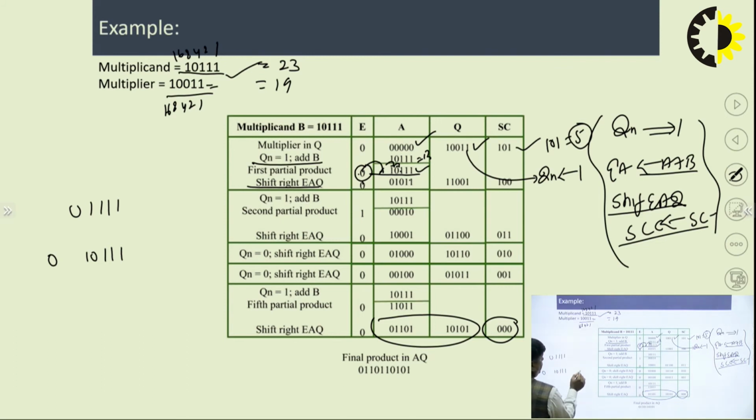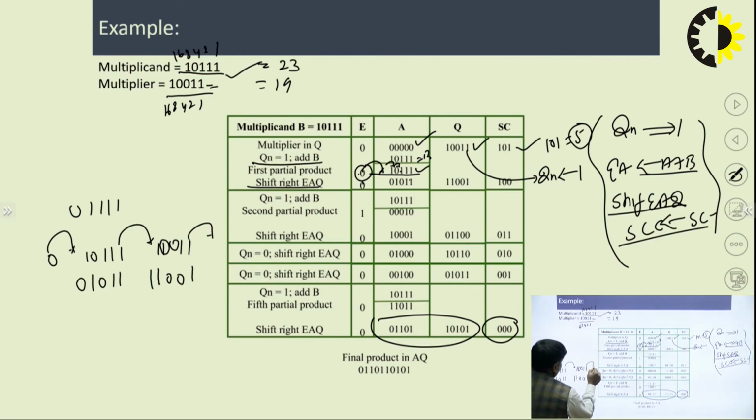Now this is A, now this is Q: 1, 0, 1, 0, 0, 1, 1. Now this 0 is shifting from here, 0, this is shifting from here, 1, 0, 1, 1, or this 1 is shifting from here, 1, 1, 0, 0, 1, and this last bit 1 is discarded.